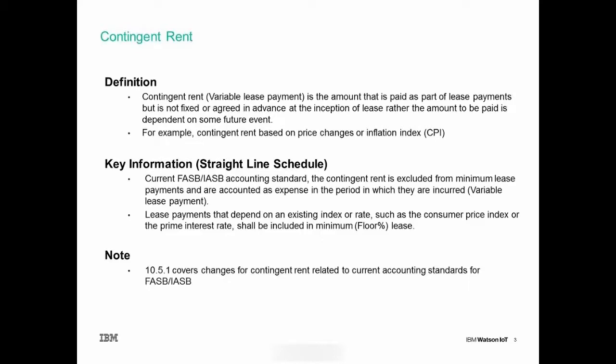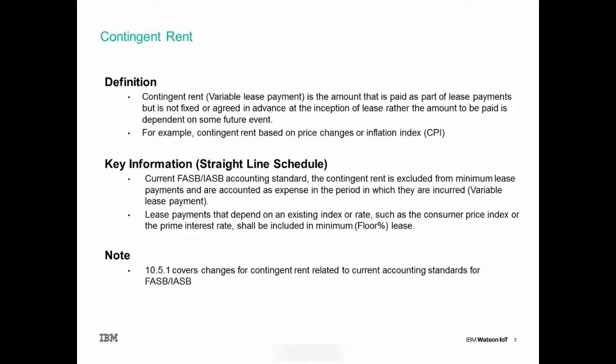The key information on the straight line schedule. In the current FAST IAST accounting standards, the contingent rent is excluded from minimum lease payments and is accounted as expense in the period in which it is incurred, which is called the variable lease payment.